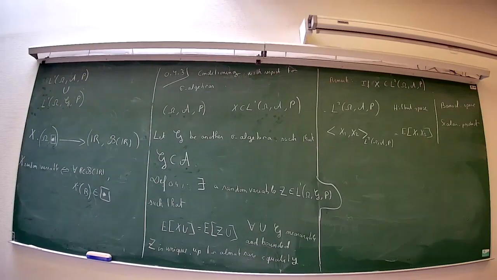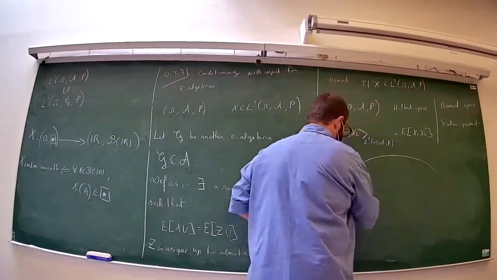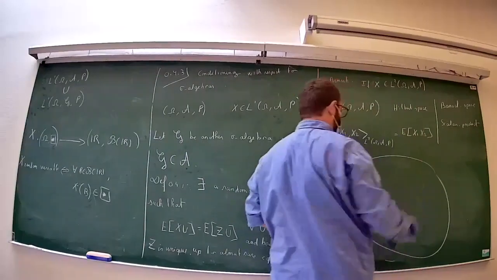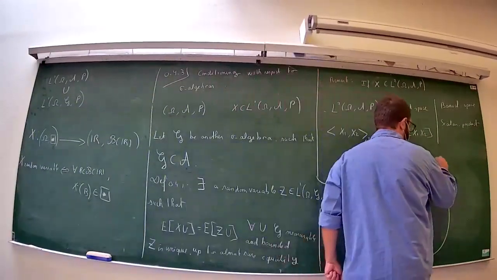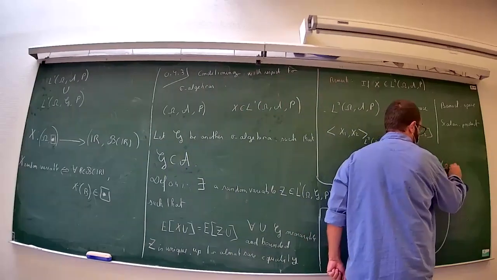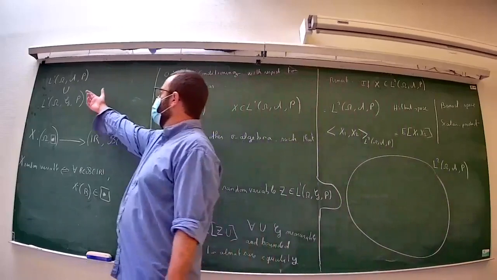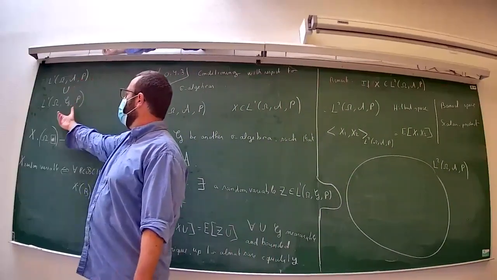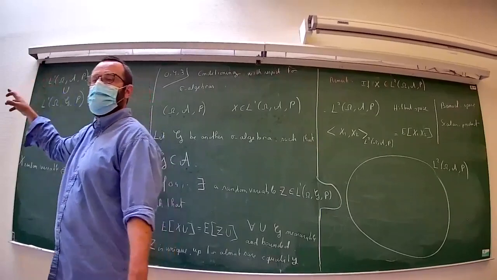Okay, so let's continue. So here, let's do a picture. It's a bad picture, but it's to have an idea. You have here L2 of omega, A, P. Remind that L1 of omega, A, P contains L1 of omega, G, P. If I put L2 here, I have exactly the same inclusion.